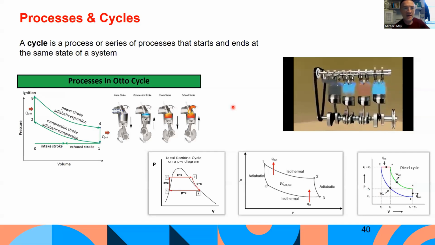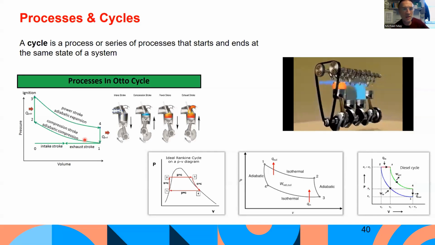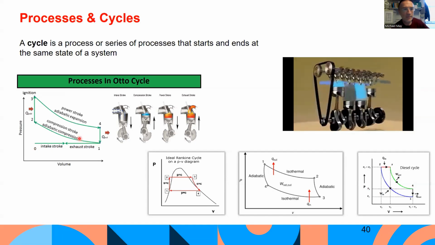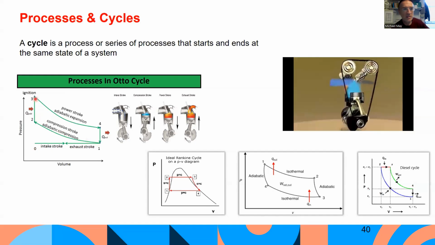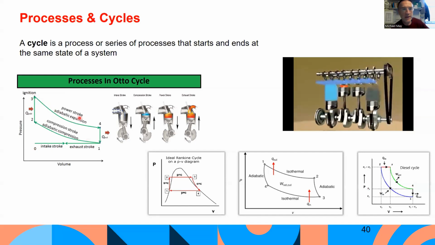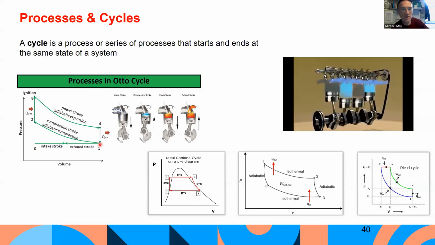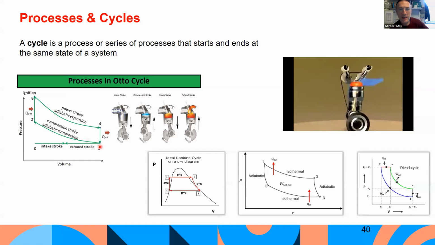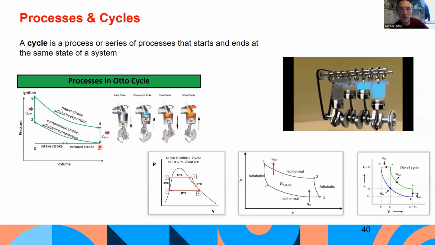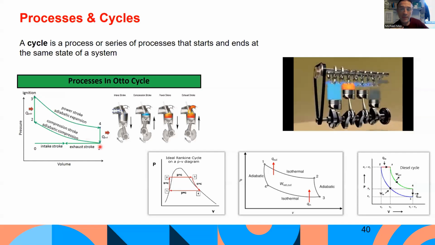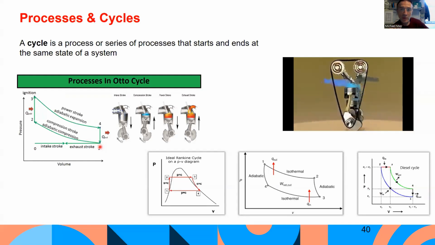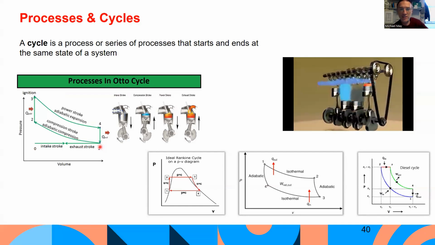We can see that here in what we call the Otto cycle. We've got the compression, then there's an ignition, and then there's a power stroke, and then an exhaust stroke as well. And the Otto cycle describes the thermodynamic cycle of a petrol engine.